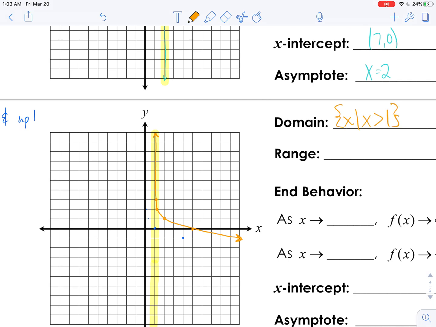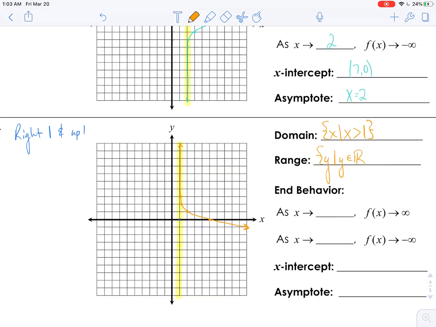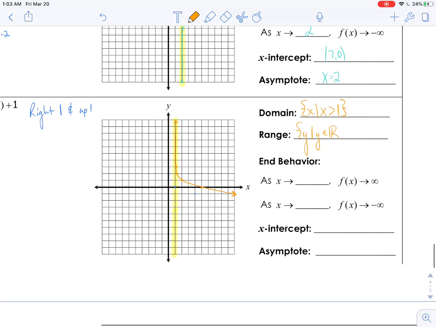Domain: shifted right 1, so x is bigger than 1. Range: y could be any real number.